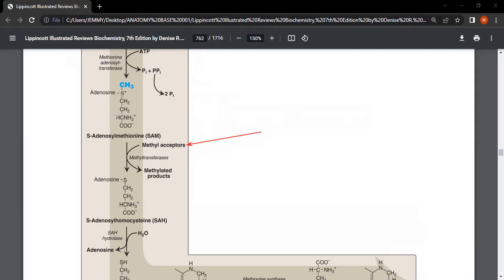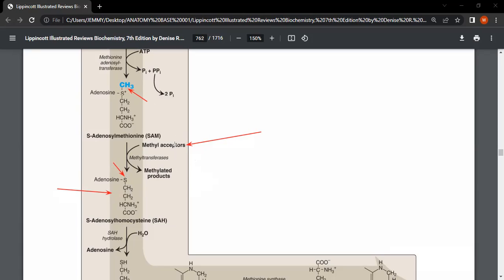After adding this methyl group, the S-adenosyl methionine will undergo demethylation, removal of the methyl group. You can see the methyl group that was there has been taken away by the methyl acceptor.